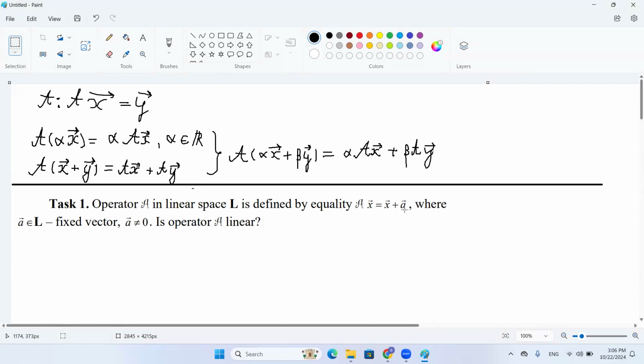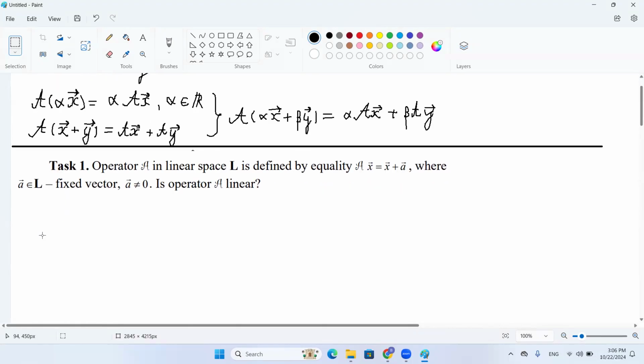And we need to check if this operator is linear and how to solve it. Who knows, who wants to answer, who has any ideas how to check it? Is the operator A linear?